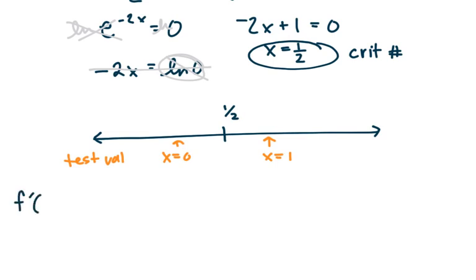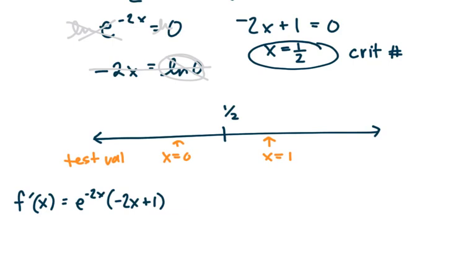And so my first derivative here is e to the negative 2x times negative 2x plus 1. So testing them in the first derivative, I'm going to be looking to see if I get a positive or a negative value. The derivative tells us the slope of the tangent line. A positive slope would mean the graph is increasing there, and a negative slope would mean the graph is decreasing.